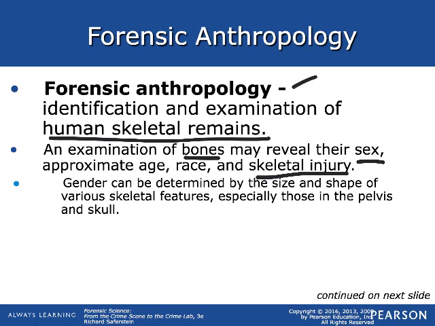We can also kind of determine by sizes of things maybe what someone did in their life, like whether they were a laborer or not, things like that. We're going to do a lab on this, so it's pretty cool.